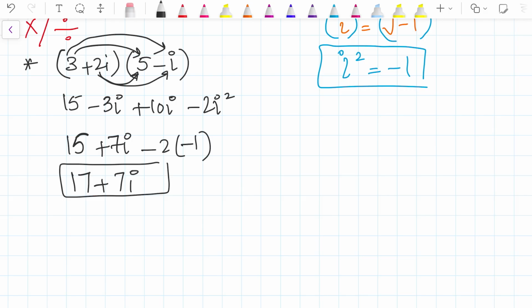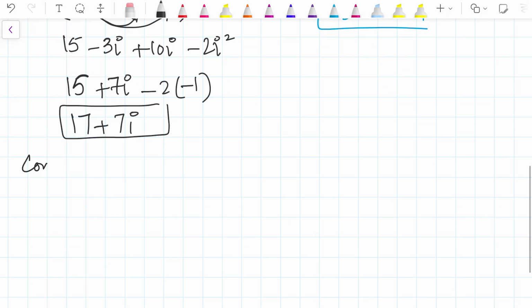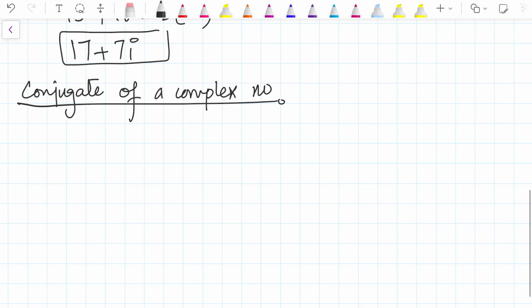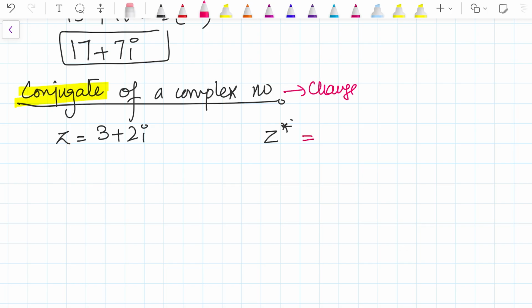Alright, now, another new concept is let's understand what a conjugate of a complex number is. So z is equal to 3 plus 2 iota. Z star means that we're talking about the conjugate. Now, what is the conjugate? The conjugate is change the sign of the imaginary part.